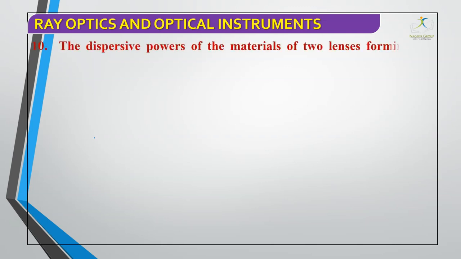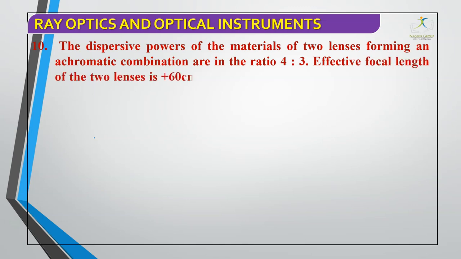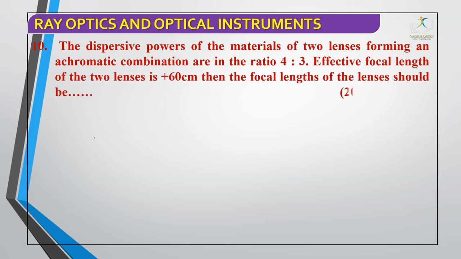Next question we have, the dispersive powers of the materials of two lenses forming an achromatic combination are in the ratio 4:3. Effective focal length of the two lenses is plus 60 centimeter. So here the focal length is given, as you can see students, plus 60. That means this will be converging.